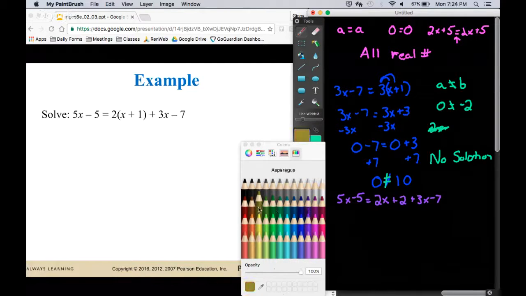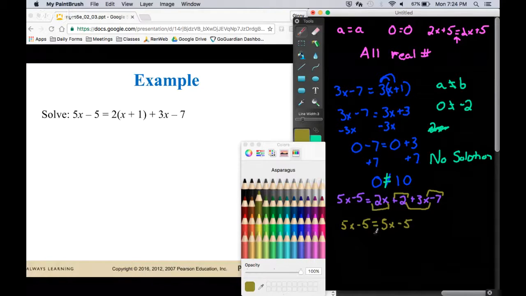You're going to have to combine like terms on this side of the equation. So you would get 5x minus 5 over here. Combine like terms, 2x plus 3x is going to be 5x, and 2 plus a negative 7 is going to be a negative 5.